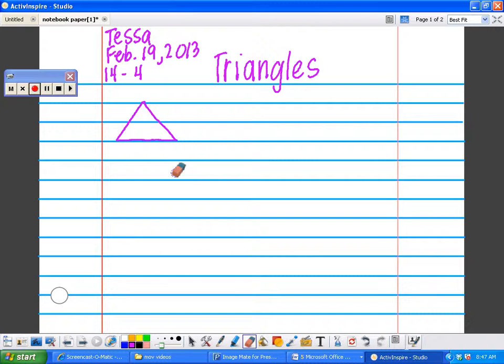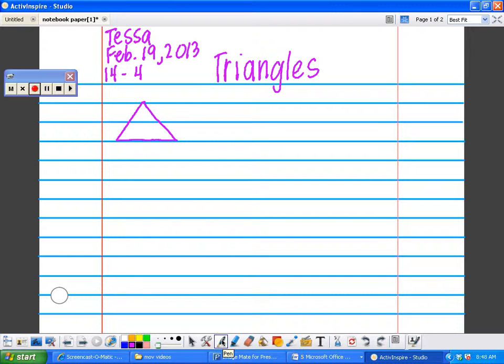This kind of triangle has equal length sides. Tell me what kind of angles it also has. Acute. How many acute? 1, 2, 3 acute angles. And 3 equal length sides.